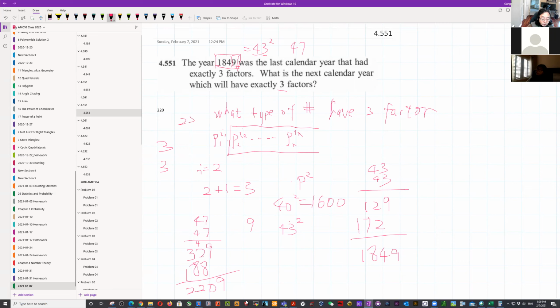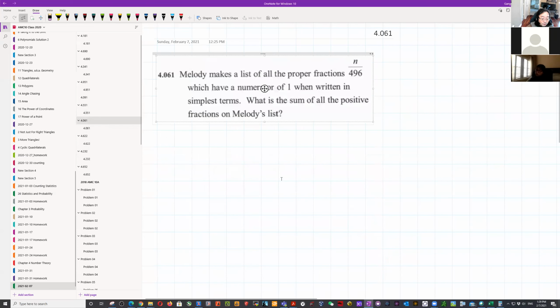It's 2209. So that's going to be the year, the next calendar year is 2209. So that's the number. Let's go to the next one.